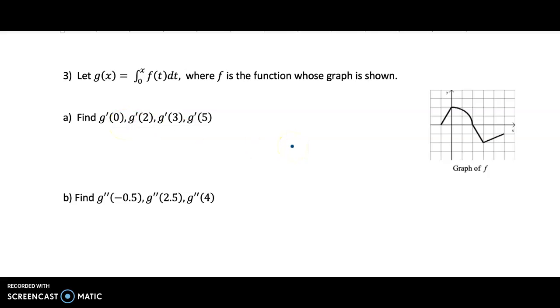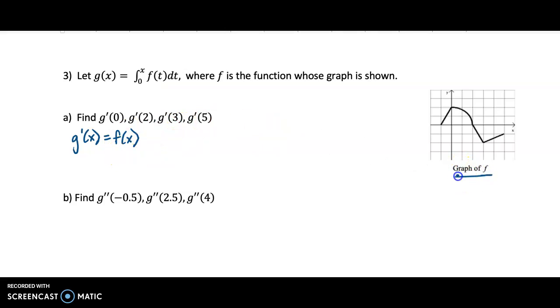So this is where that second part of the fundamental theorem comes in, because if we want to find g prime of x, that means we're taking the derivative of the integral from 0 to x of f of t dt, which is exactly f of x. We don't know what this function is, so we just have to say f of x.